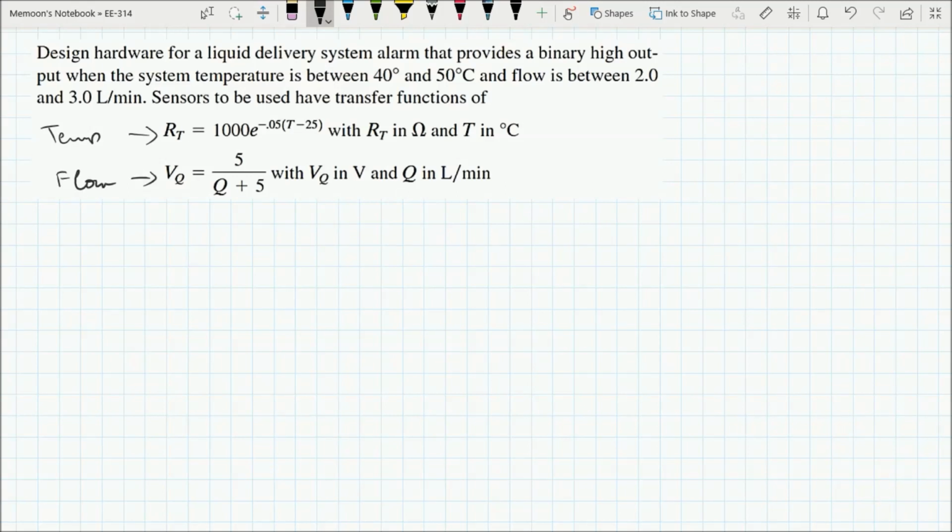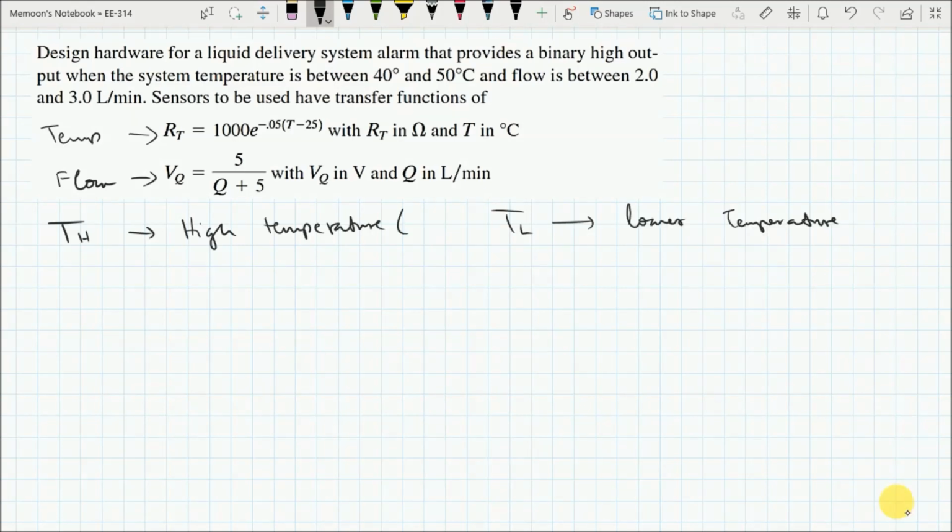The temperature sensor is a resistive sensor. So a change in resistance will occur when the temperature changes according to this given expression. And the flow sensor is a voltage based sensor whose voltage will change when the flow rate changes. So let's first define a few variables. TH corresponds to high temperature, TL corresponds to lower temperature.